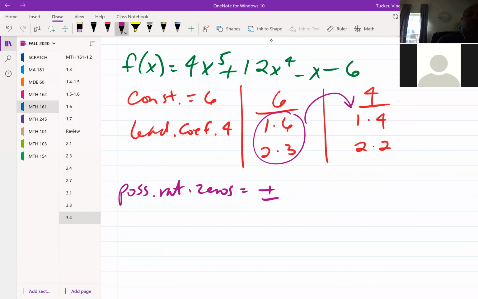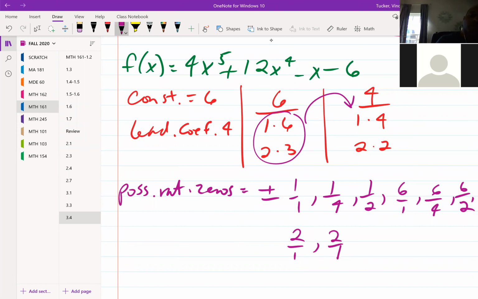So possible rational zeros: that's 1 over 1, 1 over 4, 1 over 2. We don't have to write the 2 twice. And 6 over 1, 6 over 4, 6 over 2, 2 over 1, 2 over 4, 2 over 2, and 3 over 1, 3 over 4, 3 over 2.